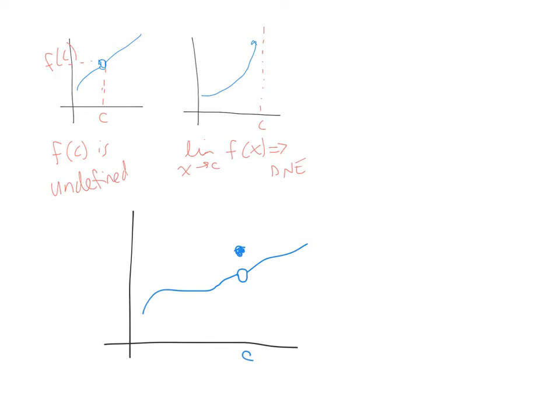If I were to come along here and look, well, the limit's my expected value here and my expected value here. So the limit does exist. I would expect it to be right there. The actual value of the function exists right here. But since those two values aren't equal, then we say this is not continuous. So this is where f of c does not equal the limit as x approaches c of the function. So these are the three ways that a function can be not continuous.